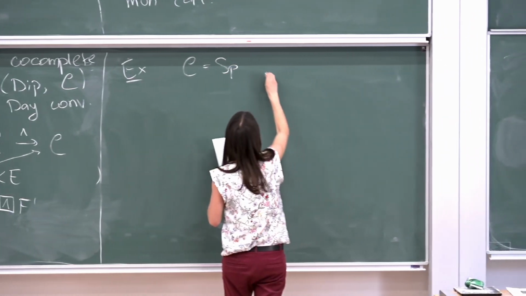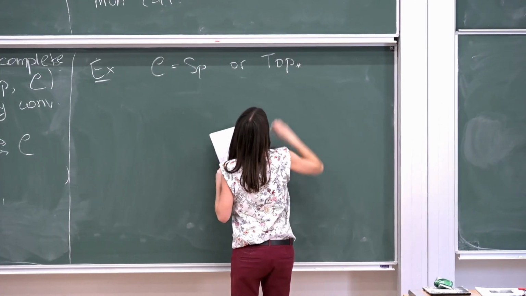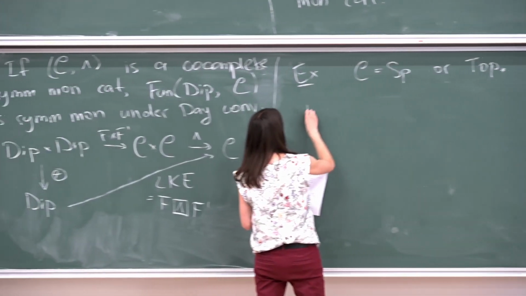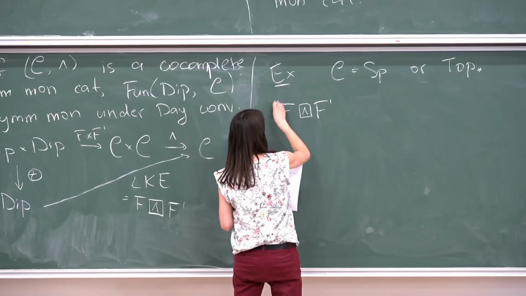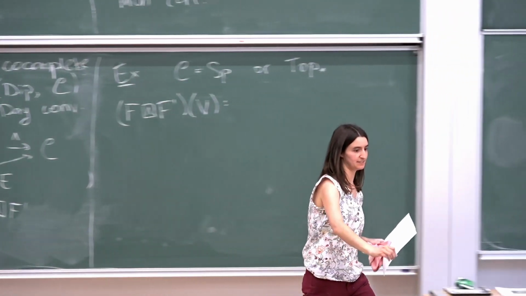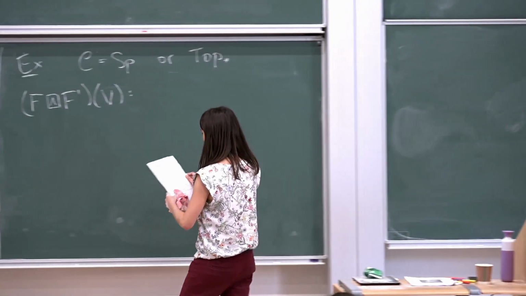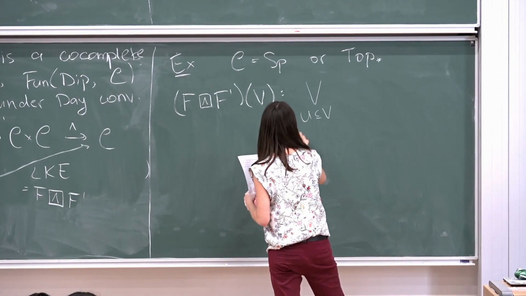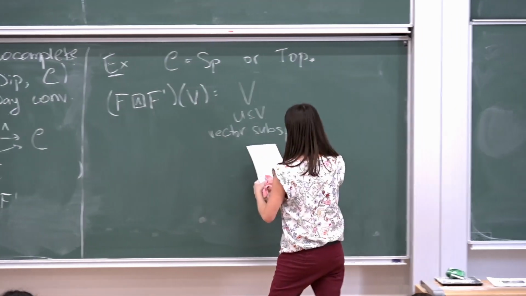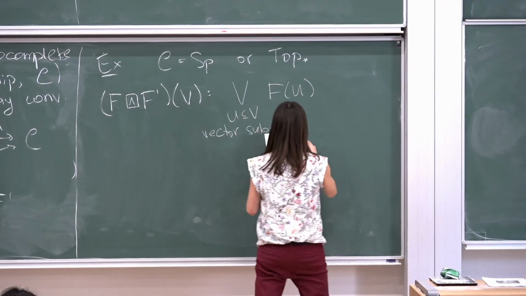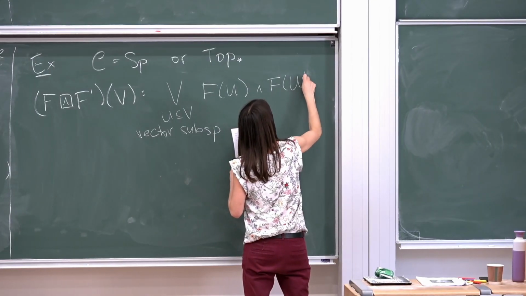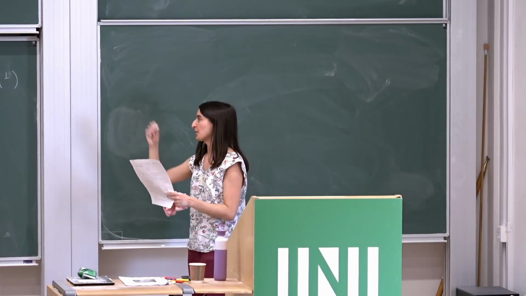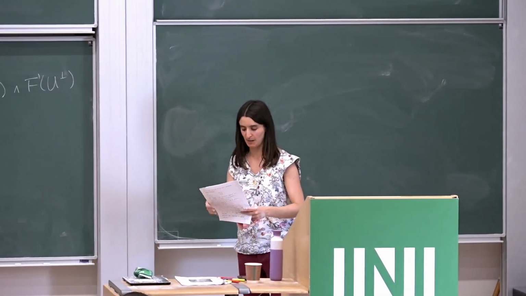If my C is spectra or pointed topological spaces, which are the main cases that we consider, F box smash F prime of V is this wedge over vector subspaces U of V of F of U smash F prime of the orthogonal complement of U inside of V. So a very, very concrete, down-to-earth description of this symmetric monoidal structure.